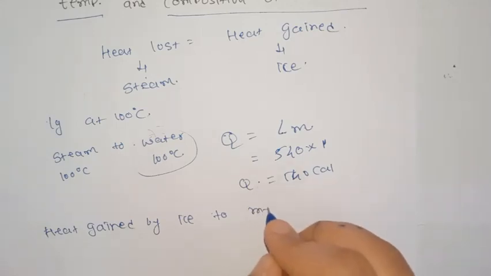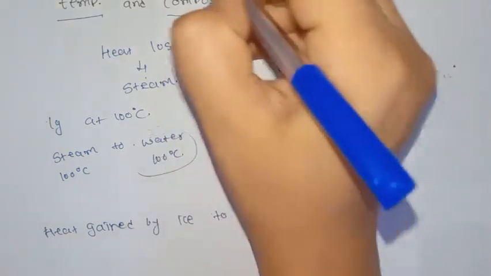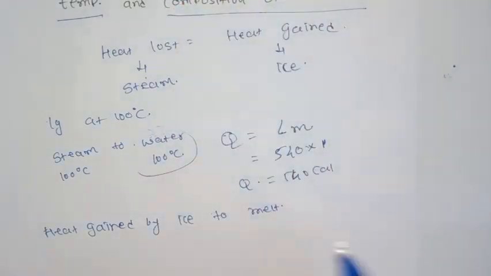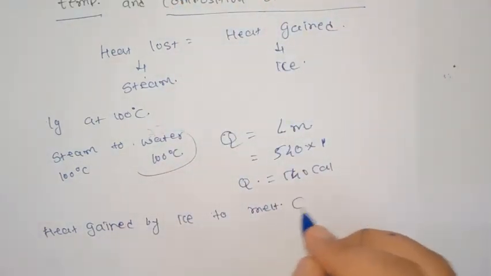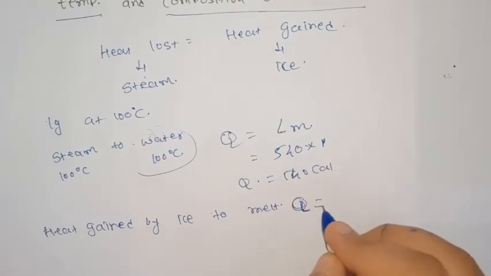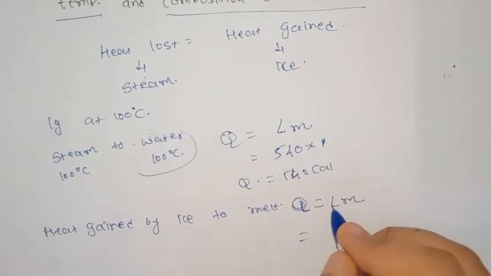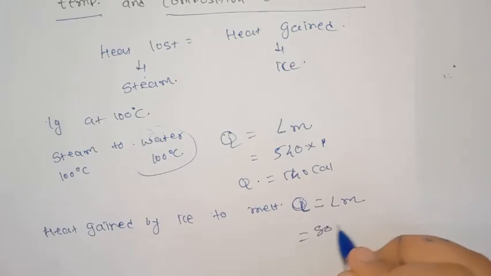To melt, as it is at 0 degrees Celsius, it will simply melt. So it will also require latent heat, that will be equal to L into M. The latent heat of fusion is 80 into mass 5. That will be 400 calorie.